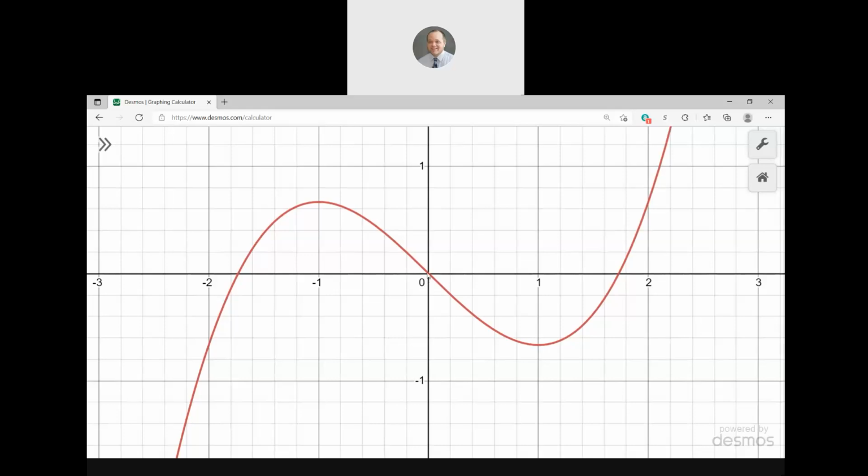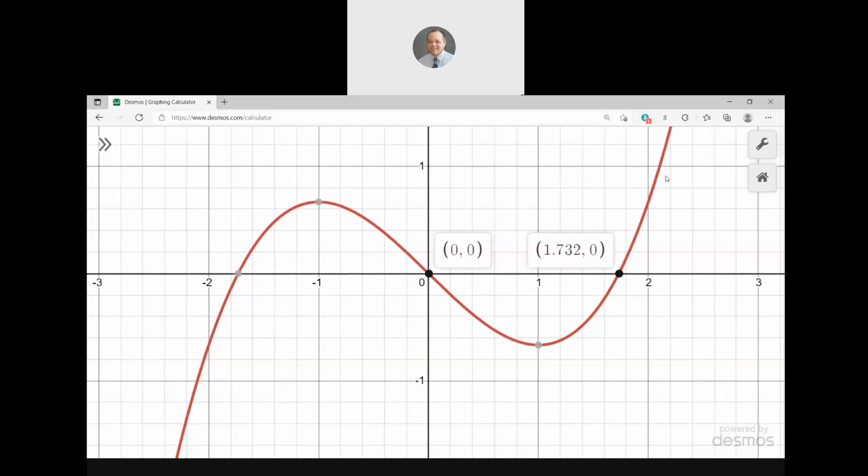And we also determined that our function was concave up from 0 to positive infinity. Concave up looks like a cup, really.